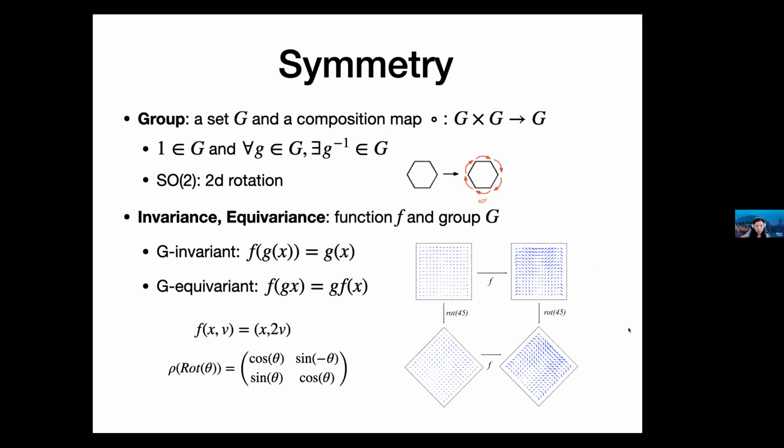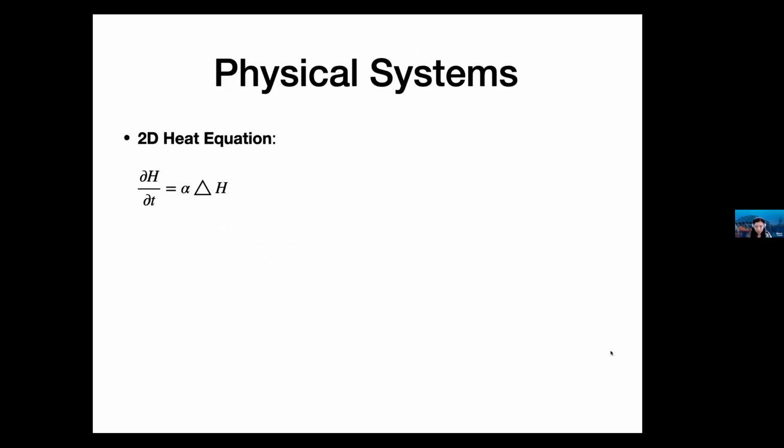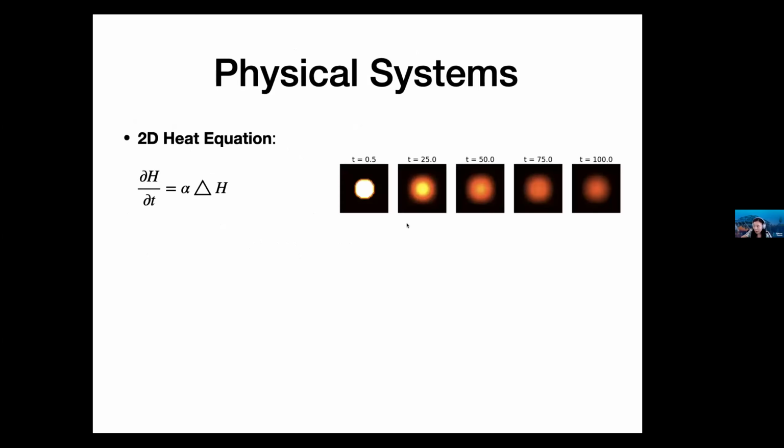Okay, so if we look at physical systems, and we want to build a deep learning model that can approximate the underlying dynamics while satisfying symmetry, we just need to look at the symmetries in the physical systems themselves. In this paper, we consider 2 physical systems. The first one is the 2D heat equation, which can basically be seen as heat waves propagating over time.